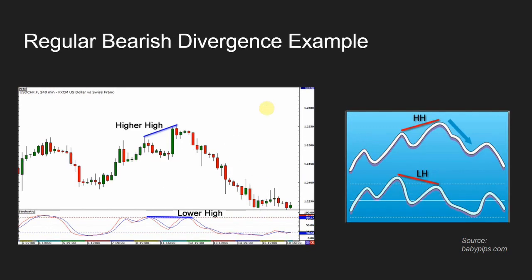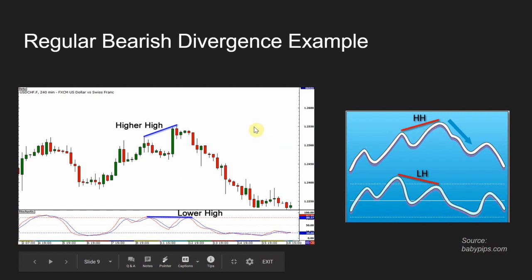Now let's take an example of regular bearish divergence. So again, similar concept here, you can see that the price and the oscillator are mimicking each other until we get to this section over here. If we get to this high over here, price then makes a retracement, and again so does the oscillator, and then price pushes up to make a higher high, but the oscillator fails to make a higher high, where the peak is around the same or just underneath the previous high, creating a lower high.